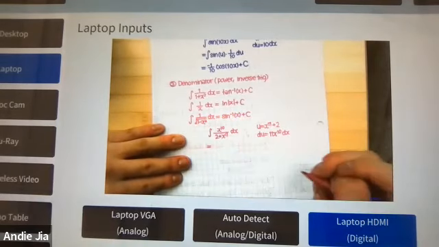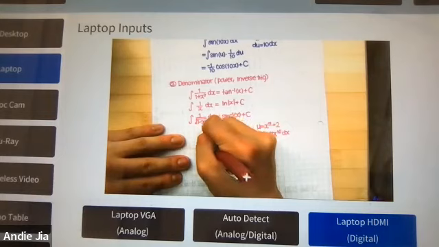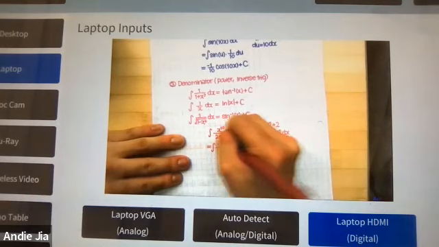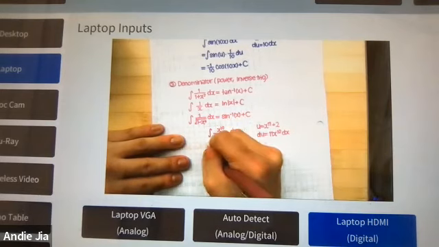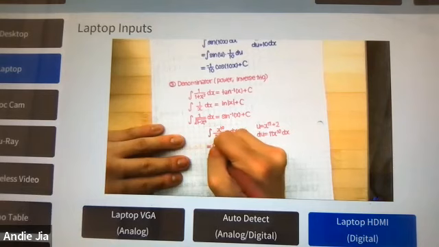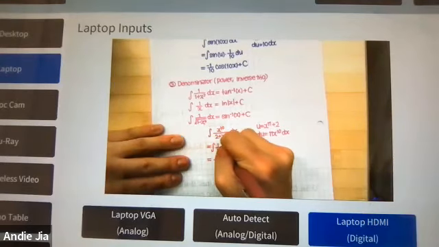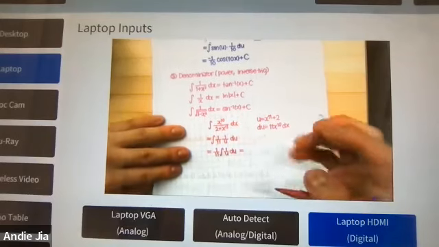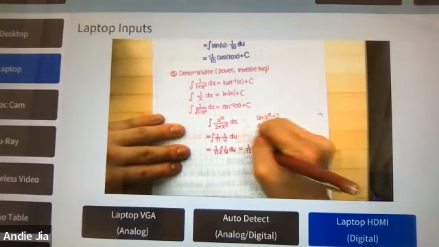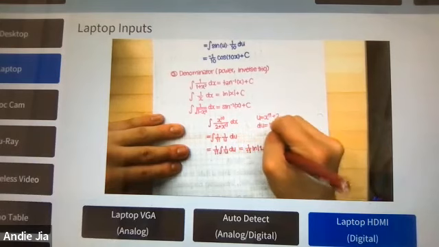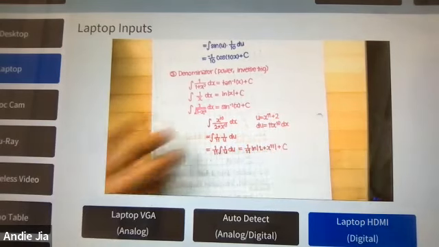Then we have 1 over 11 times the integral of 1 over u du. It's going to be 1 over 11 natural log of 2 plus x to the 11, plus the constant of integration.